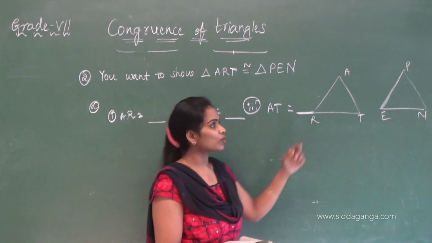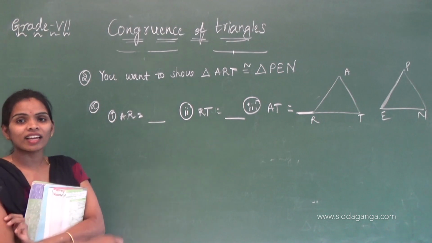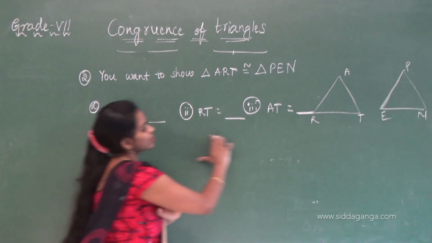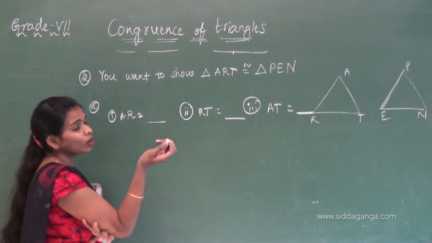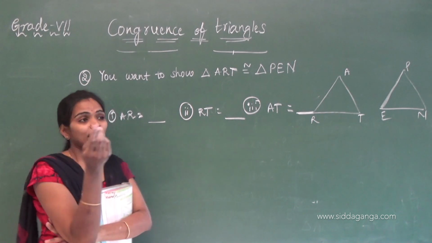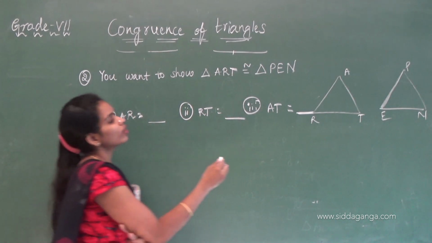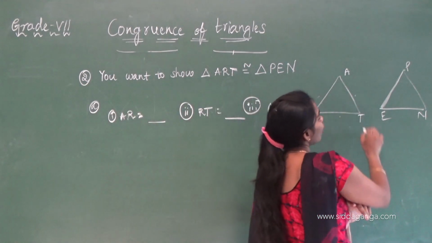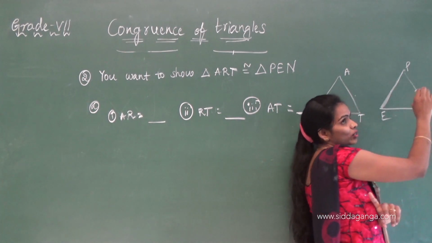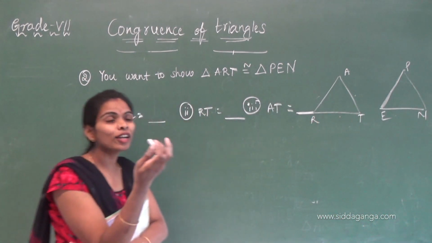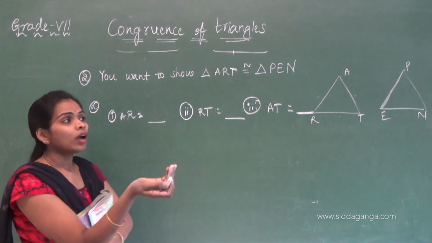Just write the SSS criteria definition here. What does the SSS criteria tell? If 3 sides of one triangle are equal to the corresponding 3 sides of another triangle, then we can tell that the 2 triangles are congruent.